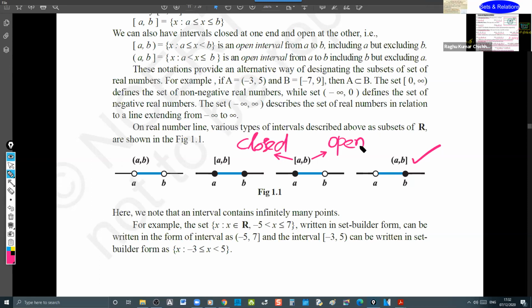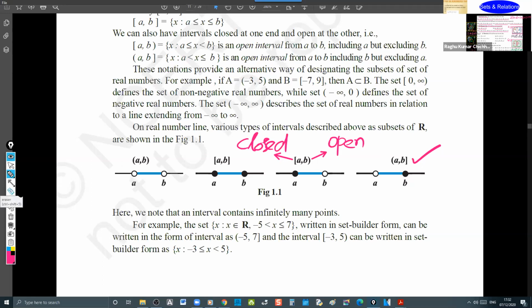Open means it won't take that value. Closed means it accepts that value. So it is A not taken, all the values lying between A and B taken, and B taken.